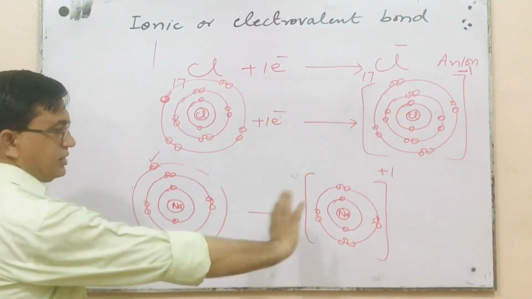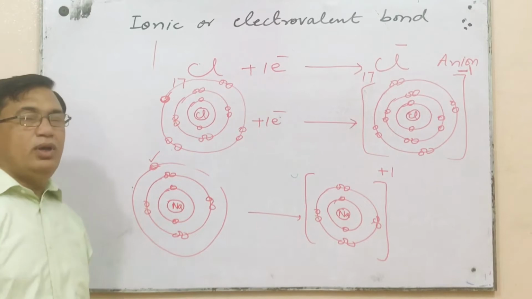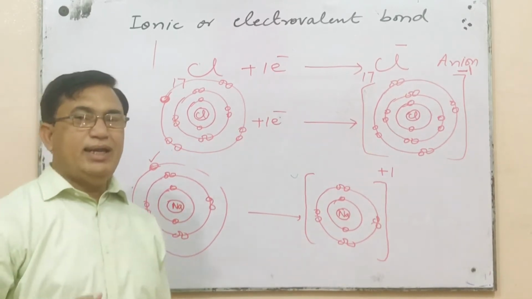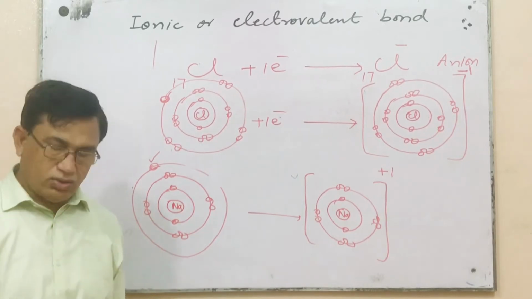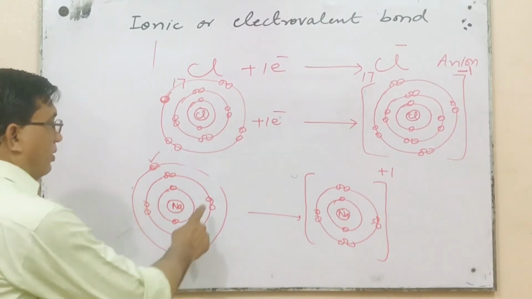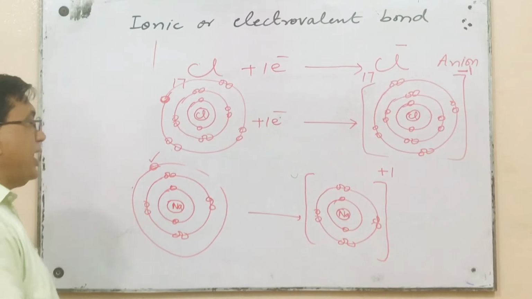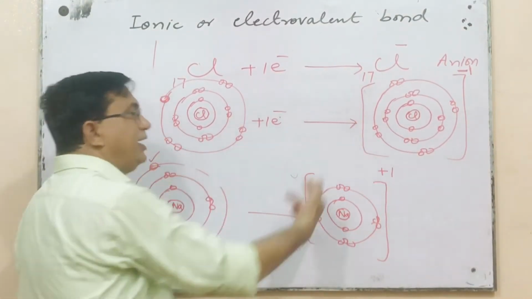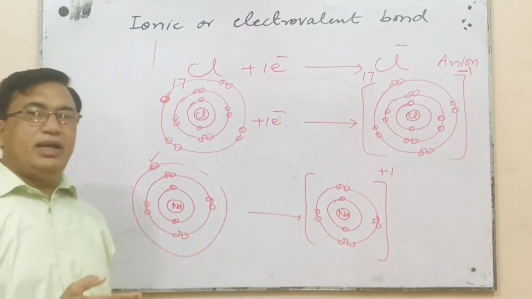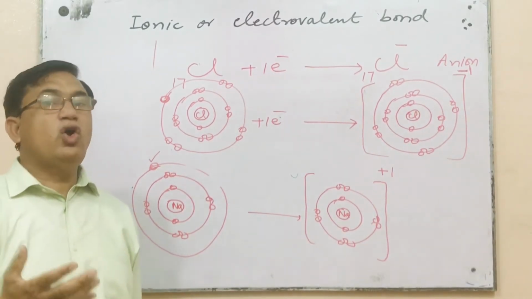Now, this is the simple representation, but if we have to show the electron dot cross model, then one atom's electrons can be represented by dots, and the other atom's electrons will definitely be represented by crosses.